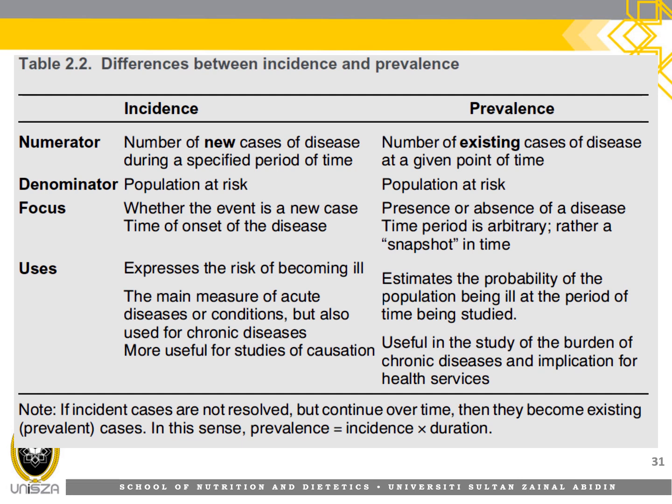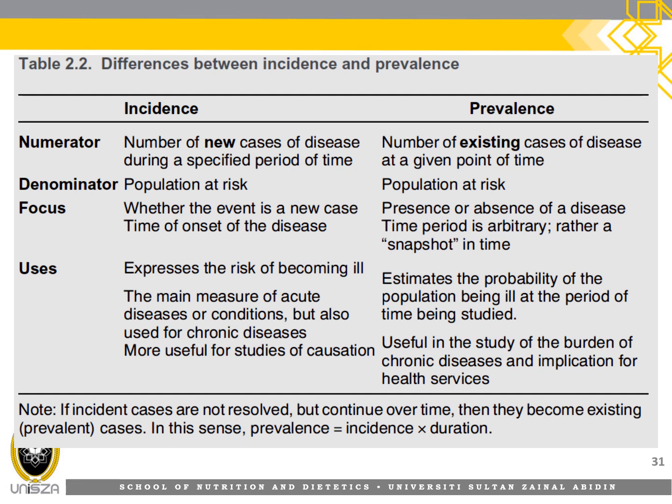In terms of numerator, for incidence, the numerator is the number of new cases of disease during a specified period of time, whereas for prevalence, the numerator is the number of existing cases of disease at a given point of time. Both use a similar denominator, which is the population at risk.